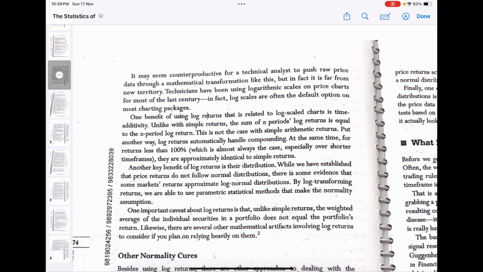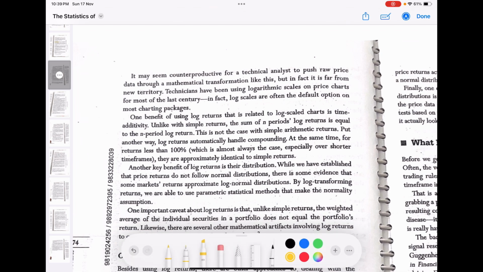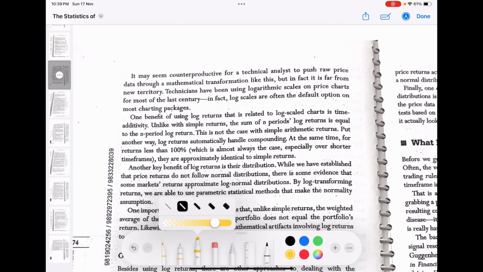One benefit of using log returns that is related to log scale charts is time additivity. The biggest advantage when it comes to using log data is basically the time additivity. Unlike with simple returns, the sum of n periods log return is equal to the n period log return. This is not the case with simple arithmetic return. Put another way, log returns automatically handle compounding.